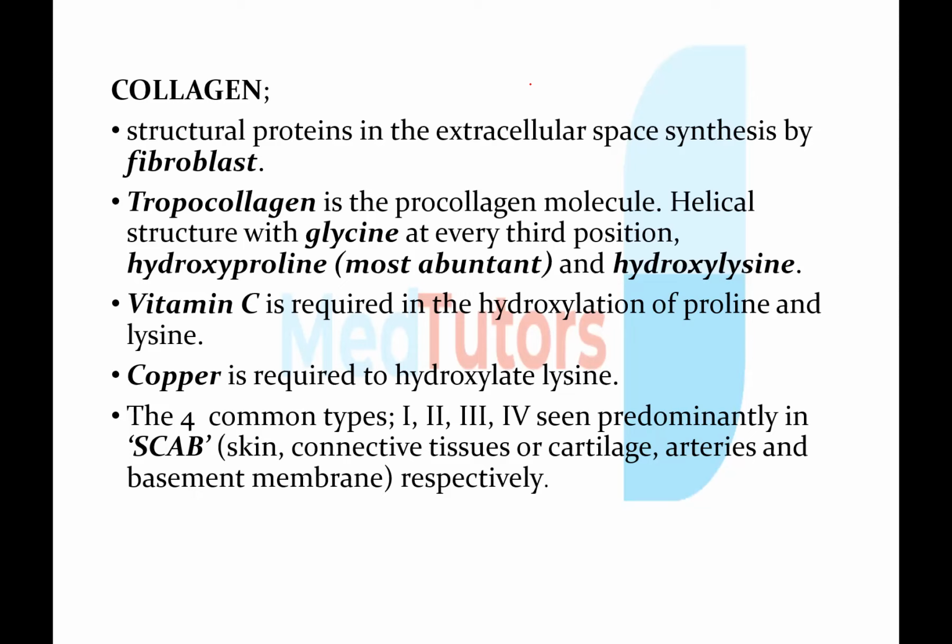So you have skin type 1, connective tissue type 3, type 2, or cartilage. Then arteries in blood vessels, you have type 3. You know, during new vascularization, a lot of new vessels are formed. Then you have type 4, which is found abundantly in the basement membrane. So these are the 4 common types of collagen.